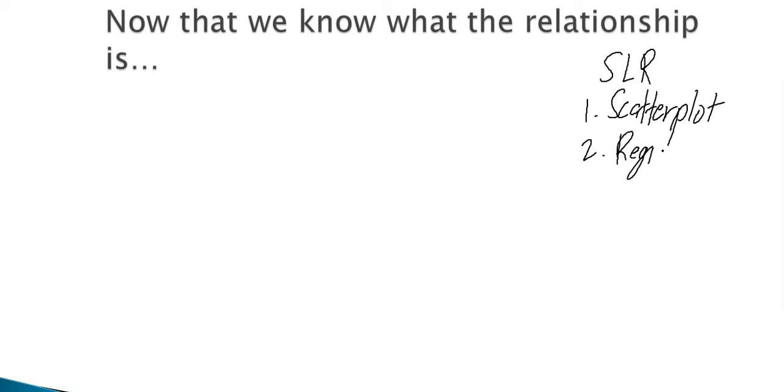So far, what we have learned in our simple linear regression analysis are the following. Scatter plot, so that we would have an initial visual representation of our data. Then we would have our regression line, or the least squares regression line, or the trend line, so that we can visually see the model that we are building.